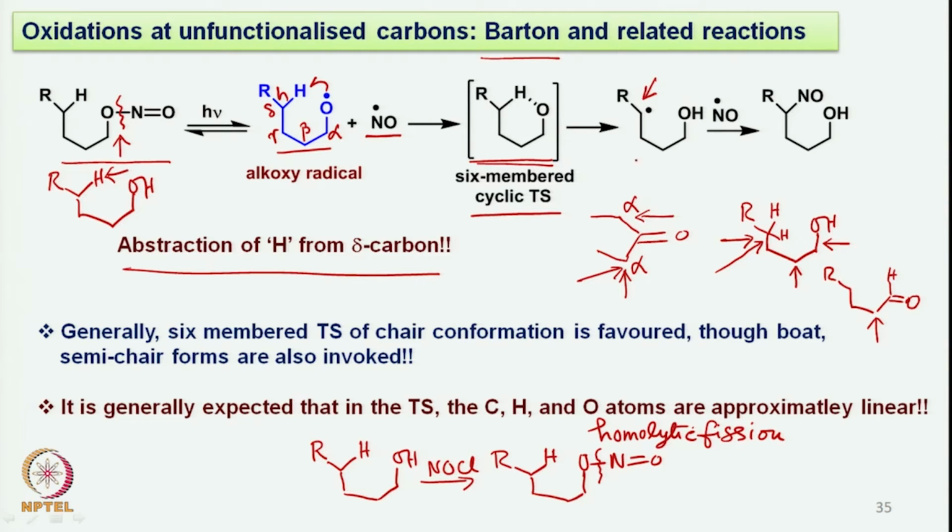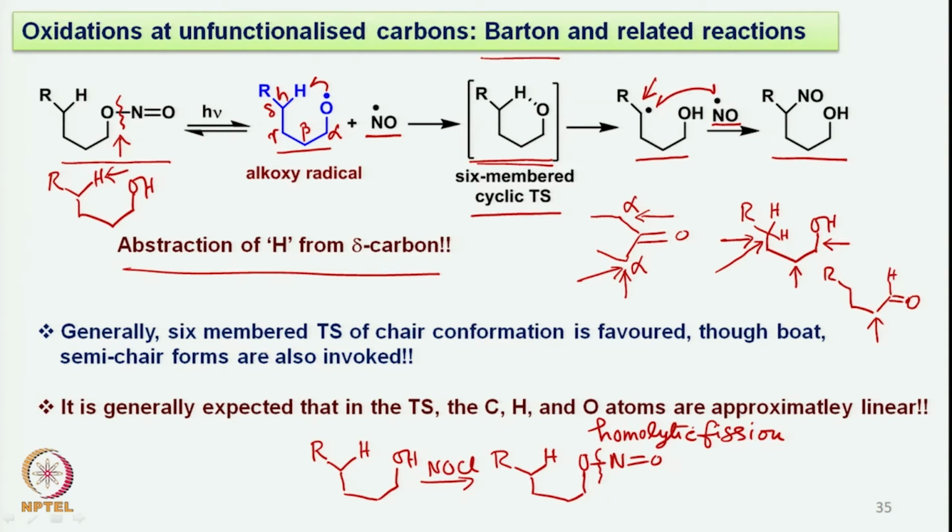Once this radical is formed, you are left with a nitroxyl radical, and this nitroxyl radical then combines with the carbon radical to form this particular substrate where the NO group has come to an unfunctionalized delta carbon of the substrate.